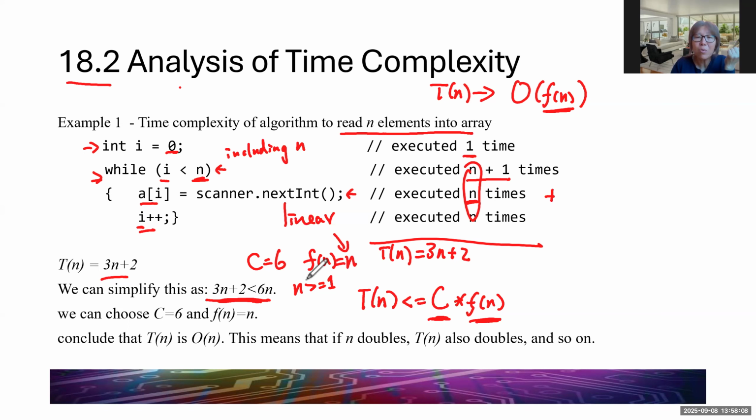Because it's always true, we say Fn is n. What this represents is that to read n elements into an array, this algorithm is a linear algorithm.